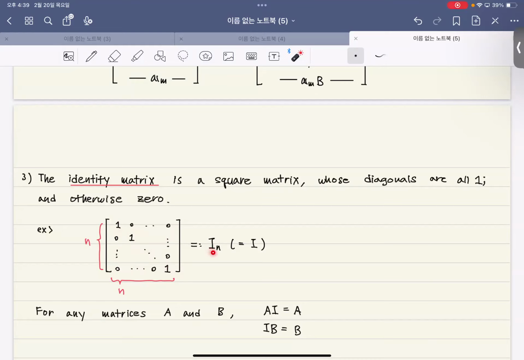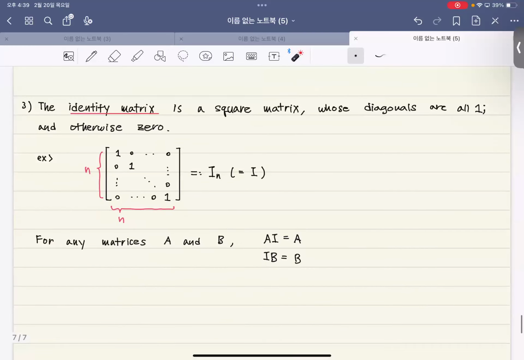I write I sub n to emphasize the dimension of the identity matrix. But if the dimension is clear from the context, then sometimes I drop the subscript n and write I.